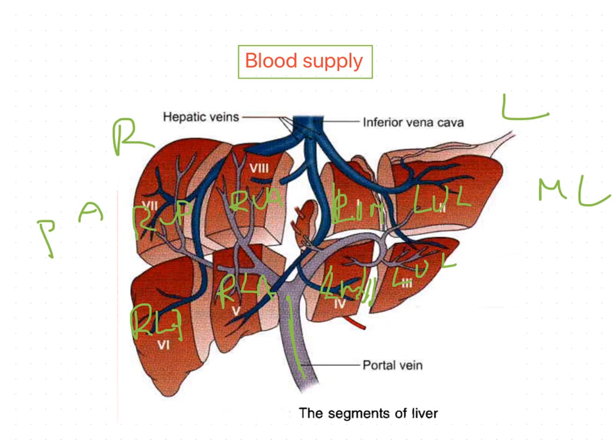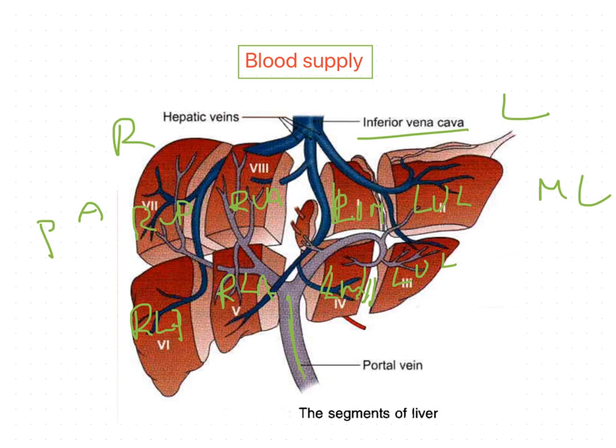The branches of the hepatic arteries and the portal vein open into the sinusoids of the liver, which in turn are drained by the radicals of the hepatic veins. And these hepatic veins are not segmental but are intersegmental in position and function, and finally they join into the inferior vena cava. This is all about the blood supply of the liver.